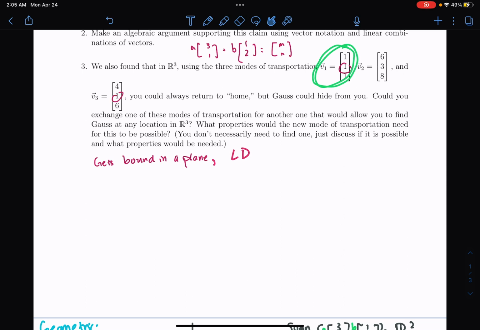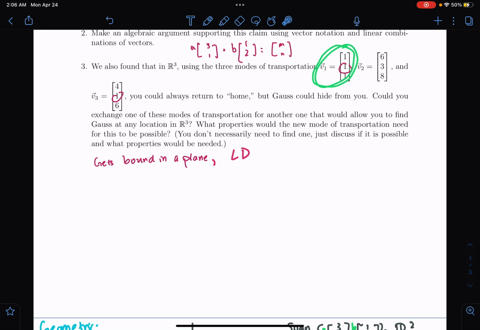And that is possible because as of now, with these three vectors that are given, they get bound in a plane. They don't reach all of R3 because they're linearly dependent, because you can make a linear combination of R3 using R1 and R2, and I think you could switch it around too.